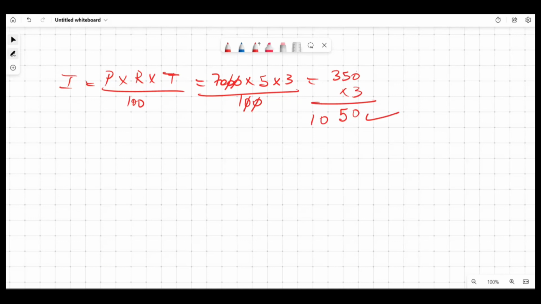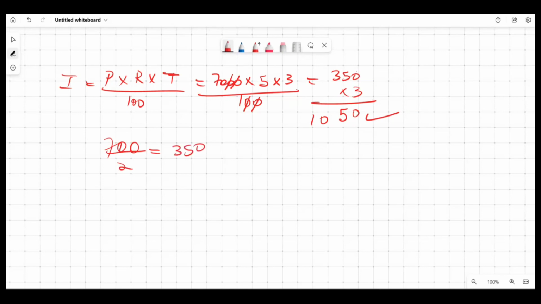Or another way you could have done that is to understand that if I have 7,000, 10% is 700. So if I divide it by 2, I'll get 5%, which is 350.